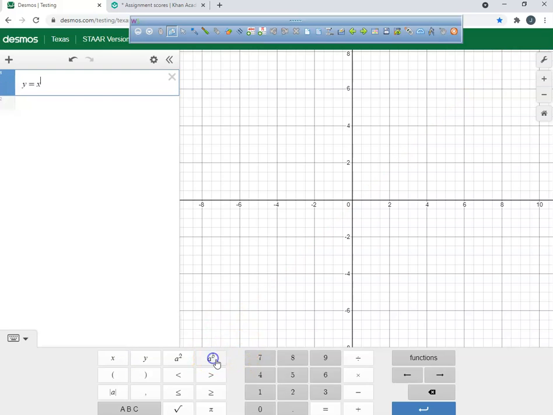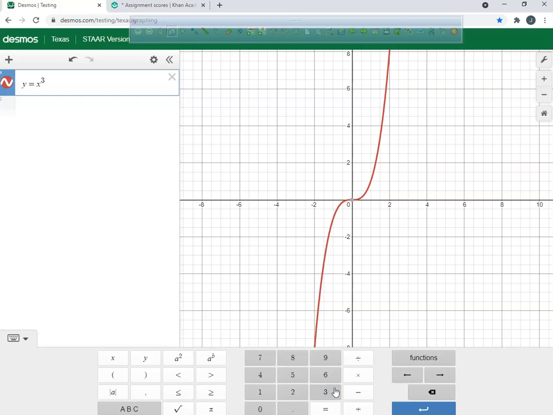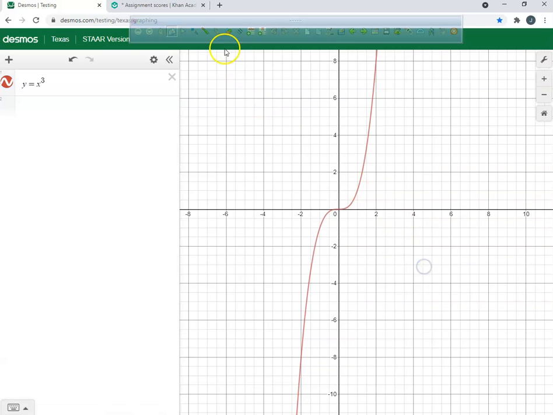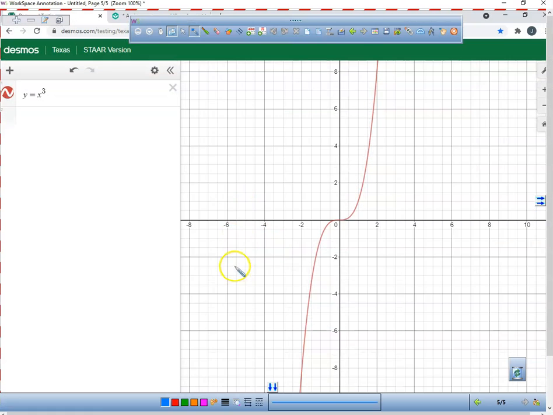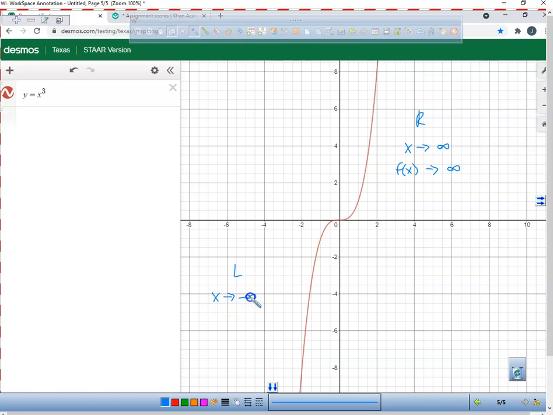Yes. All right. Ooh, x cubed. Interesting. We have left end behavior and we have right end behavior. As x approaches positive infinity, what does f of x approach? As x goes to the left, or goes to negative infinity, where do the y values travel?